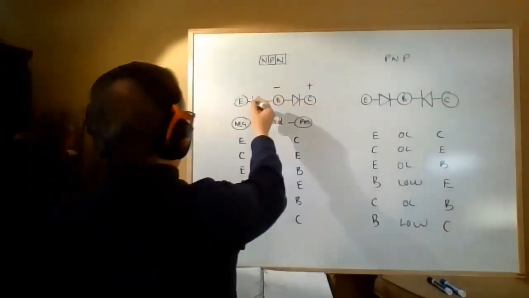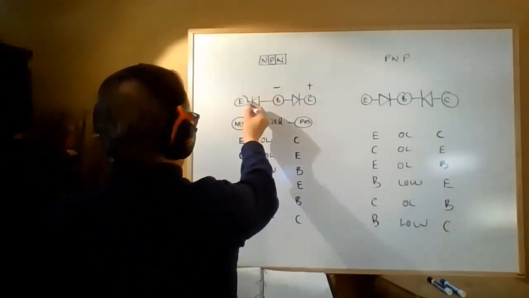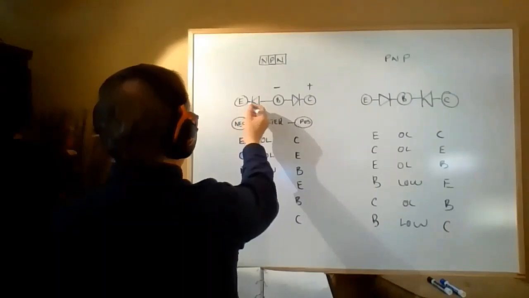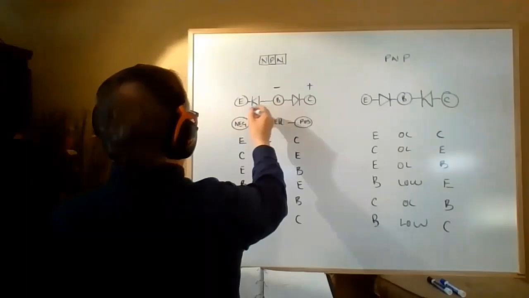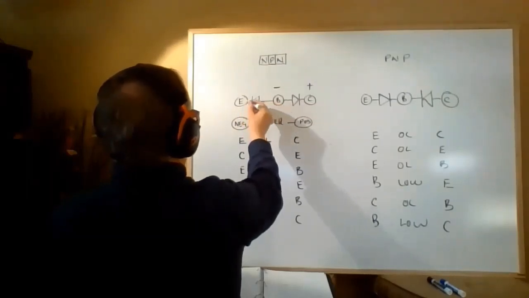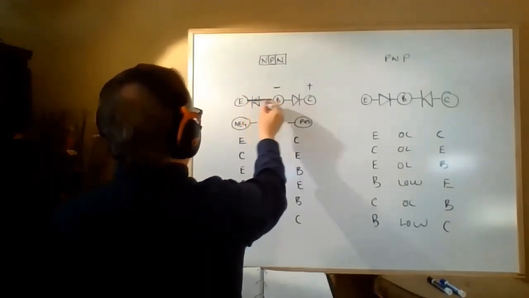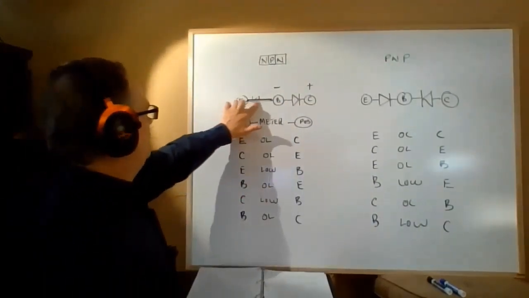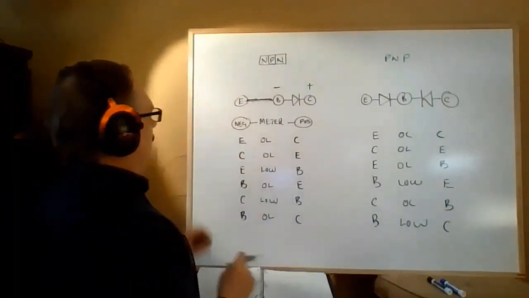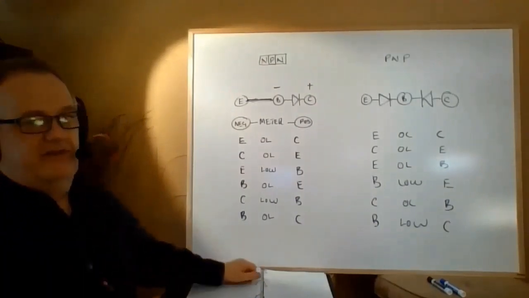Here's what shorted would look like. It could be on either side, but it's really just a situation where this line becomes like that. There's no more diode action in there. It's just literally shorted. And so you're going to get a different set of readings.